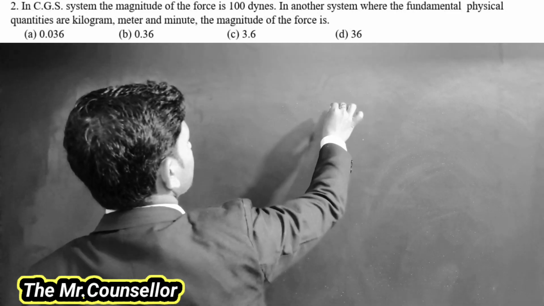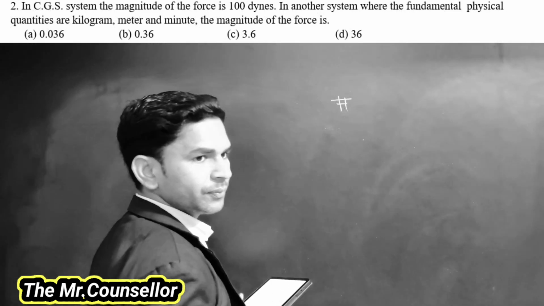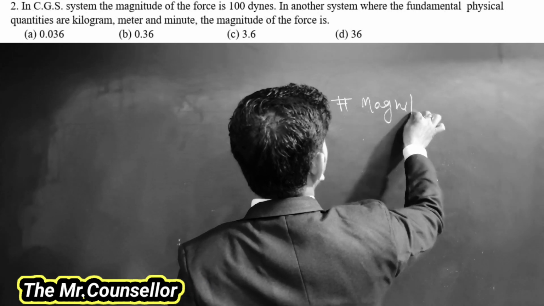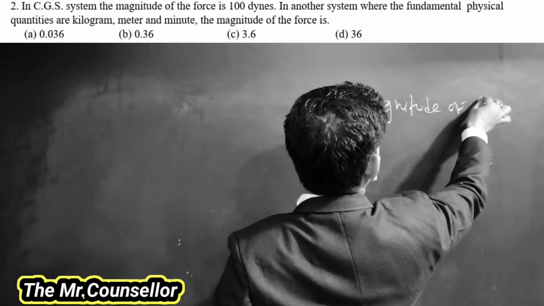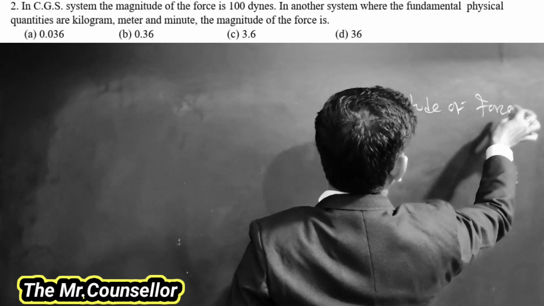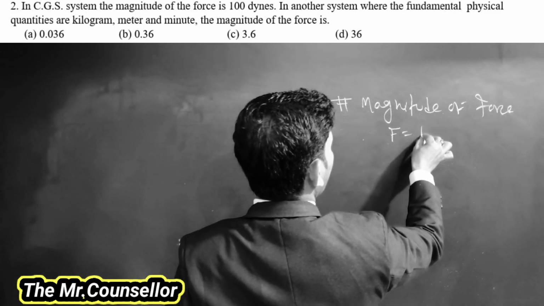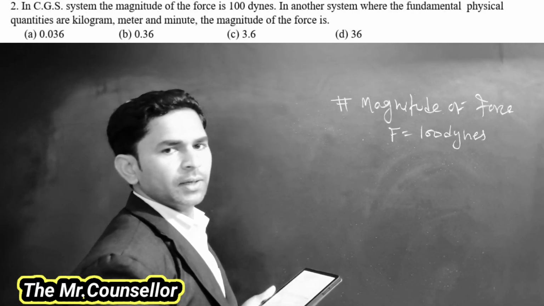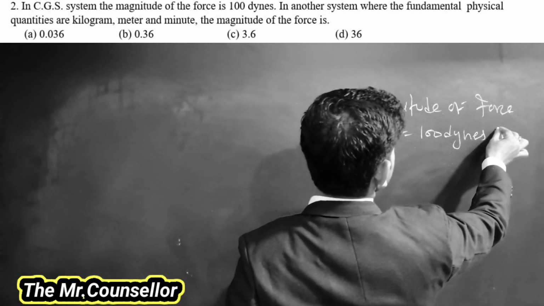First, what is given here? The magnitude of force is given as 100, in the CGS system.